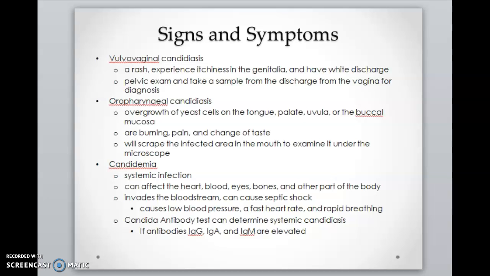And then to diagnose that, they would do a candida antibody test, and it will look to see if there are elevated antibodies of IgG, IgA, and IgM.